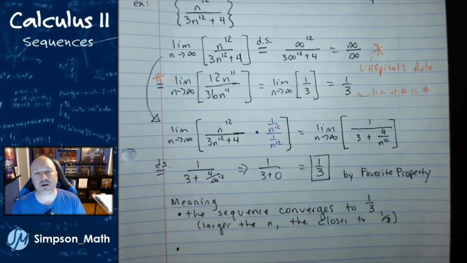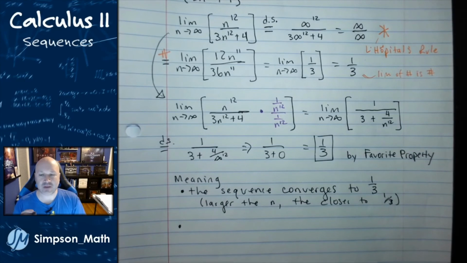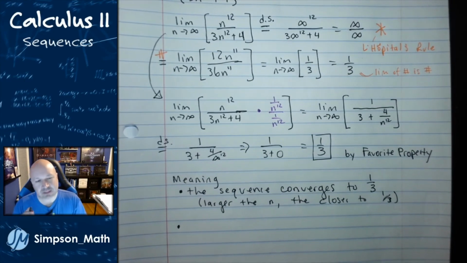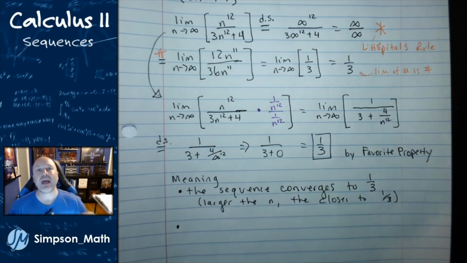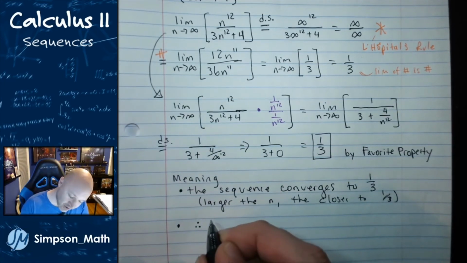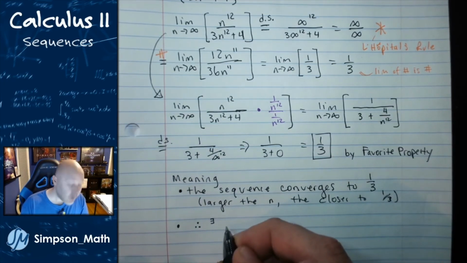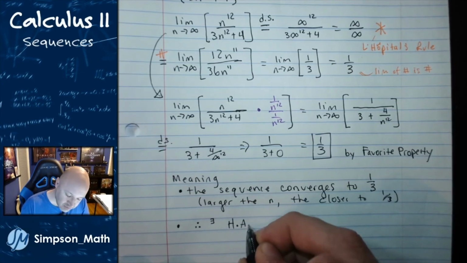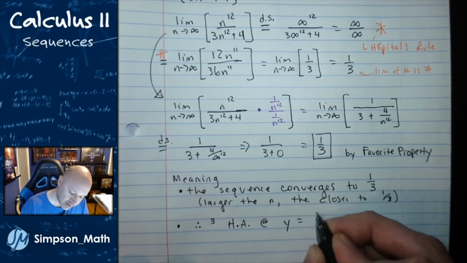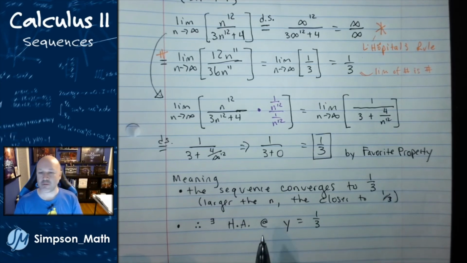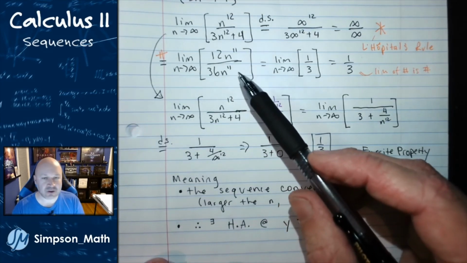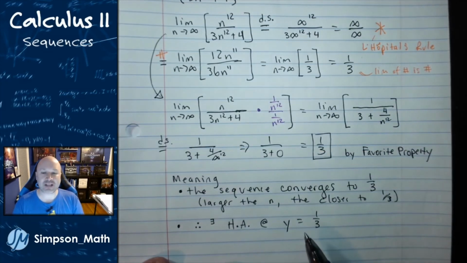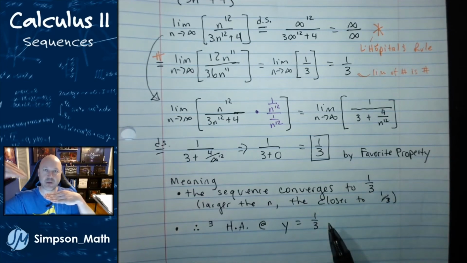When we did this type of talk back in the day, we would say because the limit exists at the end as n approaches infinity, therefore there exists a horizontal asymptote at that number, y equals 1/3. Remember that? Meaning if we were to graph this discrete function, it would have a horizontal asymptote at 1/3 because the function is approaching 1/3.